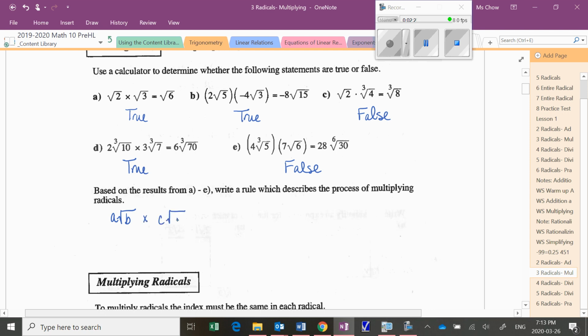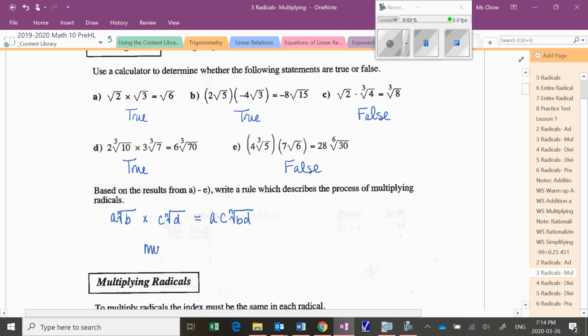So hopefully your rule then was essentially that if we had, say, a root b multiplied by c root d, and we can maybe fix the index and we'll call it n as opposed to n and m, which implies that they might be different. If I have the nth root for both, it implies that the index is the same. So we are going to multiply the coefficients, so that's going to be a times c, and then we're going to keep the nth root of b times d.